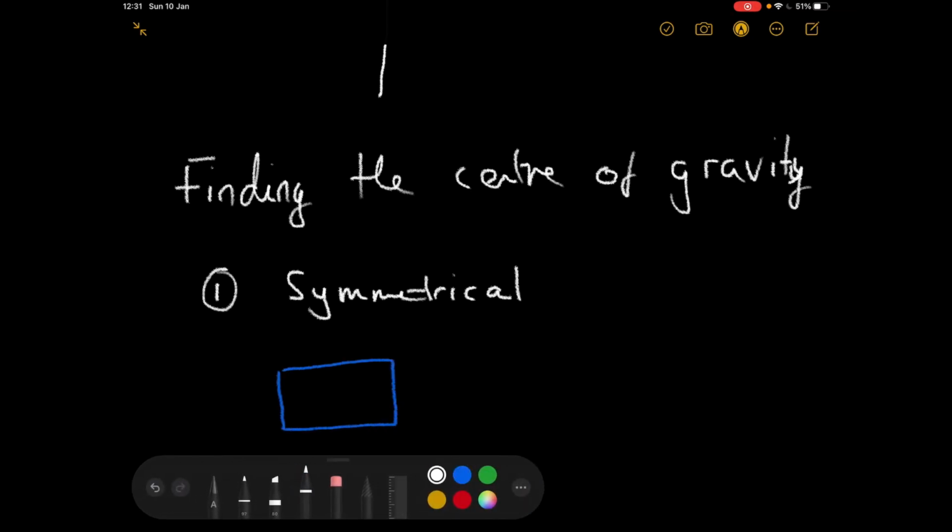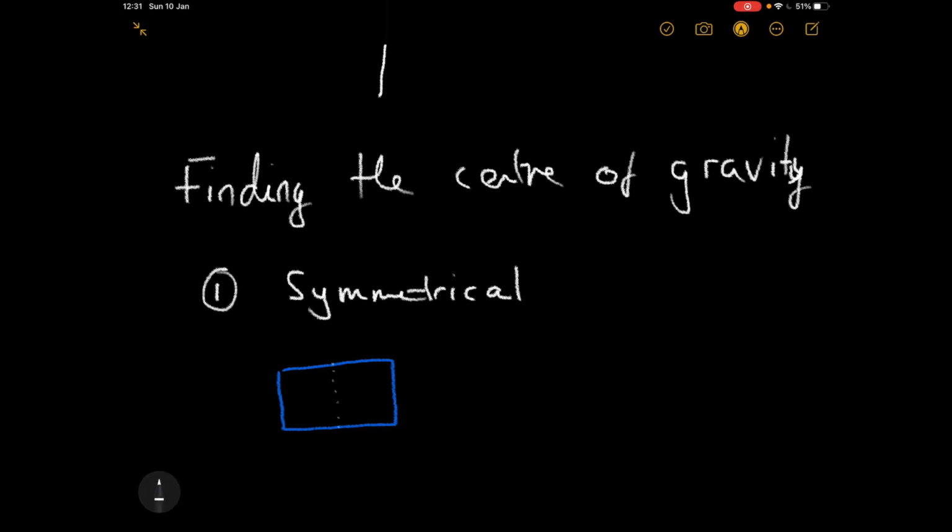So if you've got a rectangle, you can draw a line of symmetry there and a line of symmetry there, and it's where the lines of symmetry cross. If you have a circle, well, obviously it's going to be a line of symmetry in either direction.